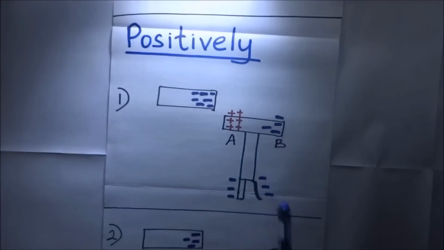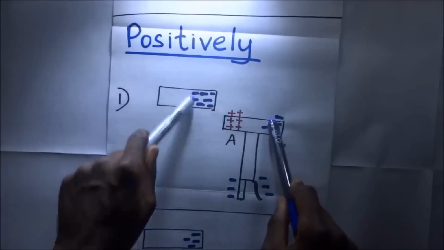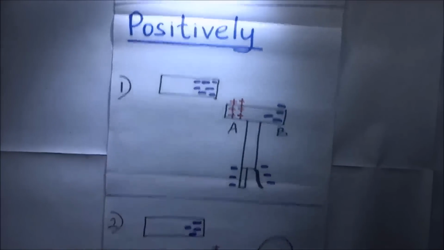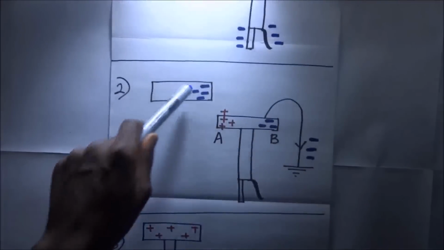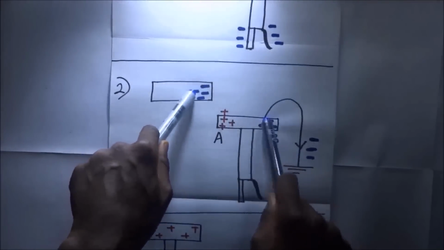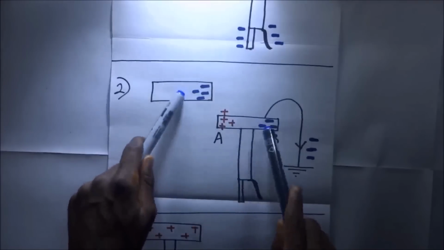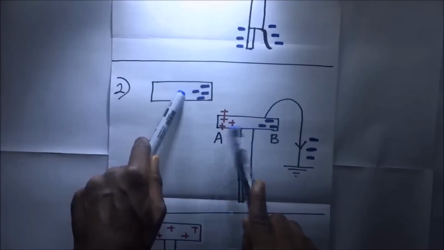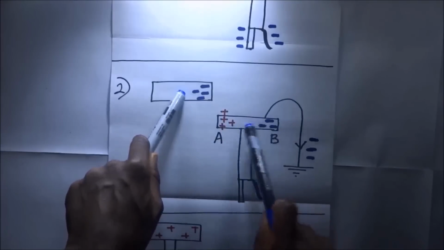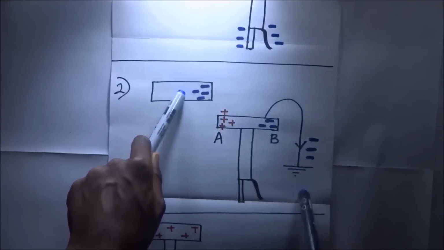And so just like we did before, we are going to earth this cap while this body is still in position. While the negative charge is still in position, we earth this cap, and when this cap is earthed, electrons are going to flow from the cap to the ground.